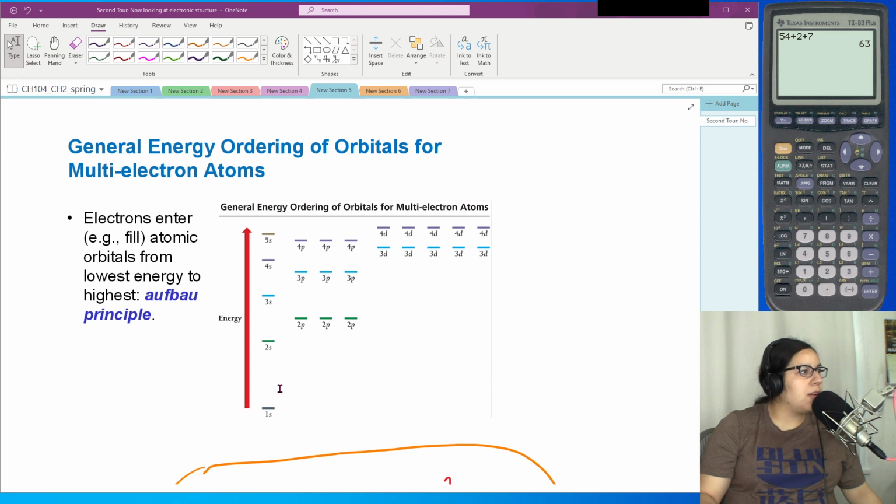So notice your largest gap is between your 1s and your 2s orbital. And then this is also why things start to get a little funky, as you go higher, you notice that these energy levels are very close. Right? So your 4p, your 5s, your 4d, all these are really close together. So hence why you can also get some funny electron configurations.